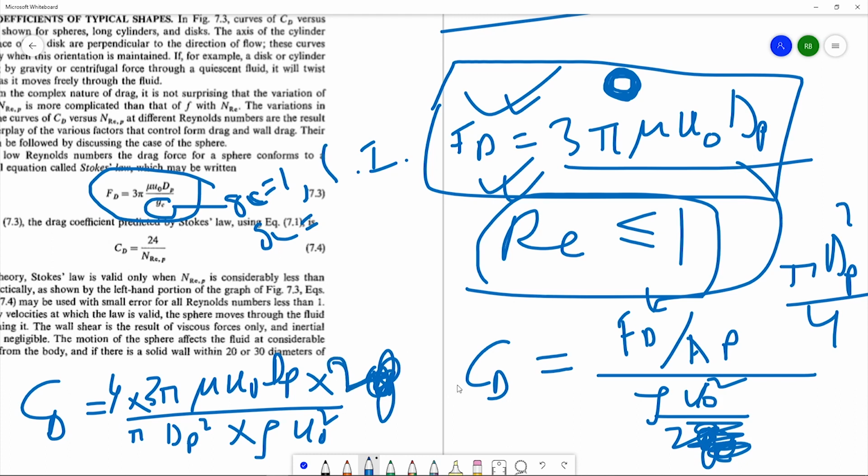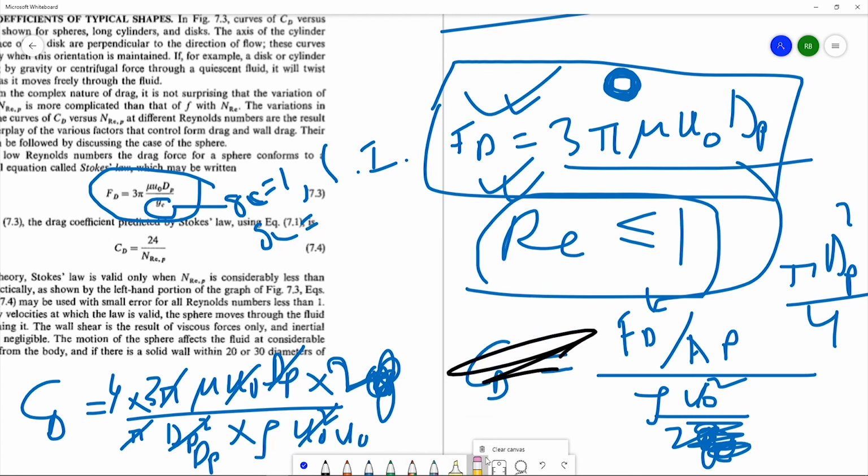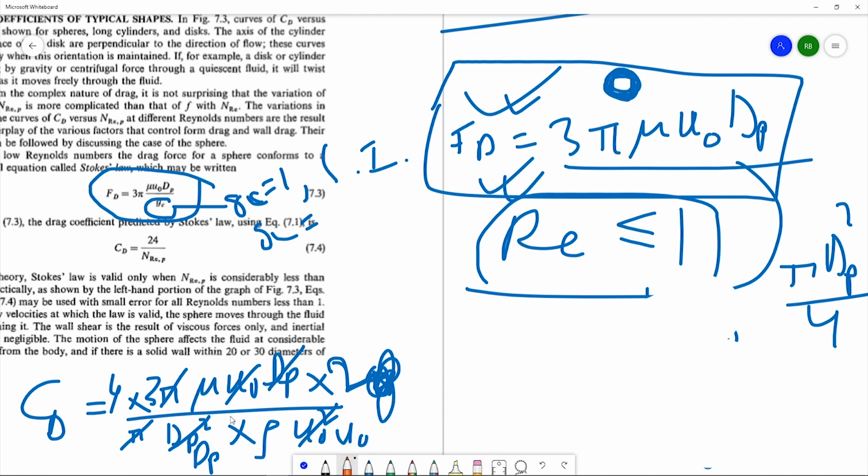Now you just cancel the terms. Pi cancels out, and dp cancels partly, leaving one dp. What is left? 4 into 3 is 12, 12 into 2 is 24. Then you have mu by rho dp u naught.